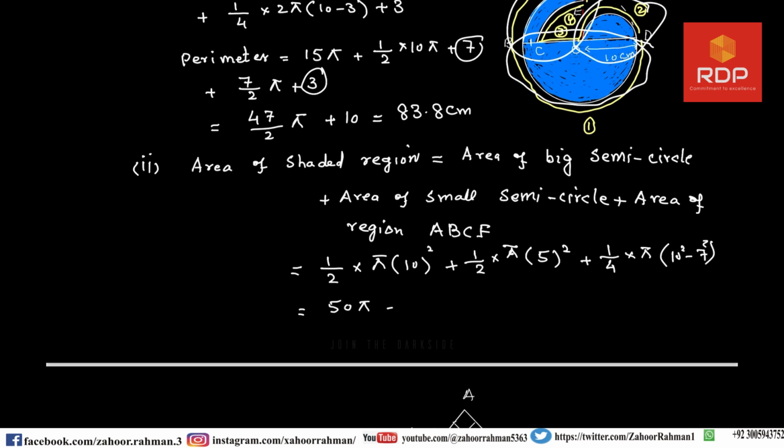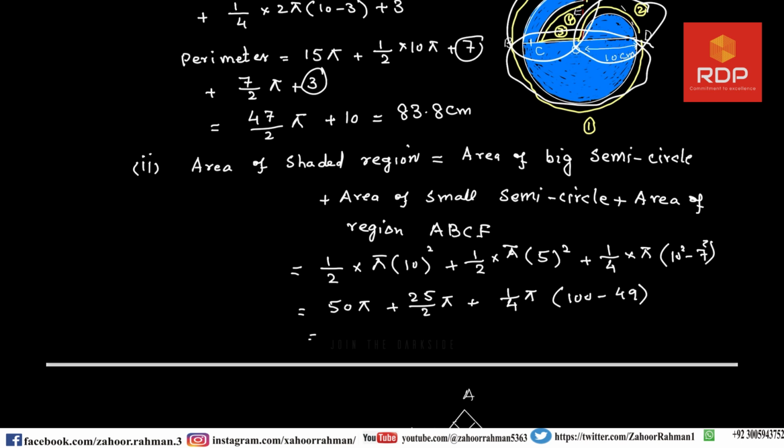and then we have to write 25/2 pi from the second part, and from the third part we will have 1/4 pi into 100 minus 49.